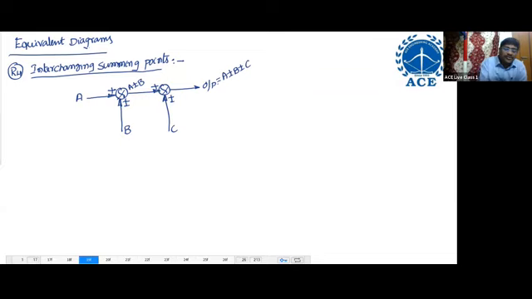If we interchange these two summing points, what is the equivalent block diagram?